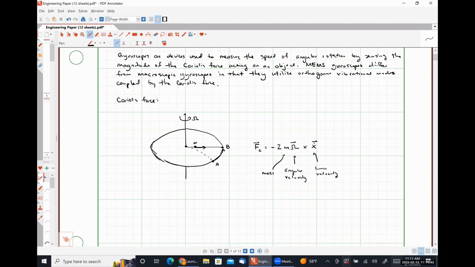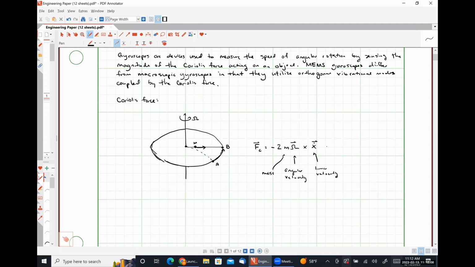Now, since the direction of the linear velocity and the axis of rotation are typically orthogonal in a MEMS system, we can throw away that cross product term because that's just going to be sine of 90 degrees, which is 1.